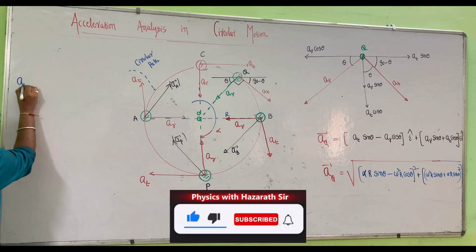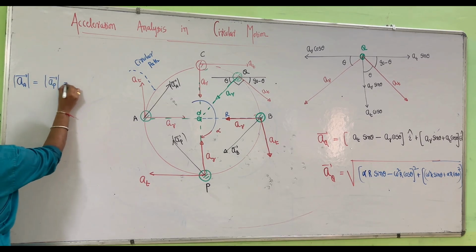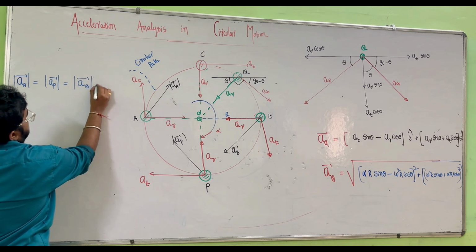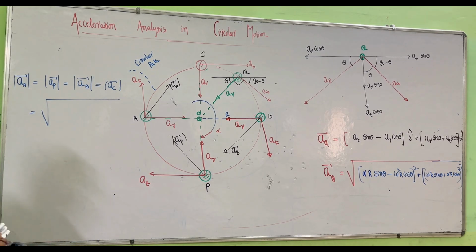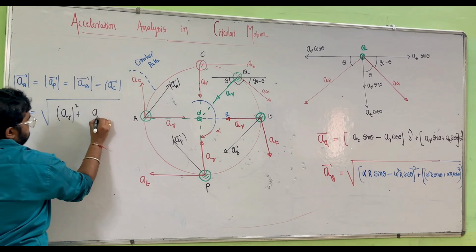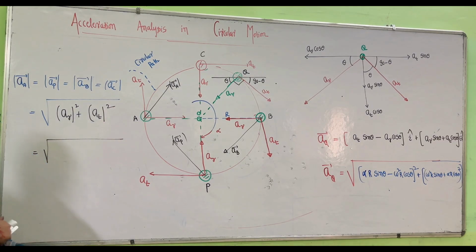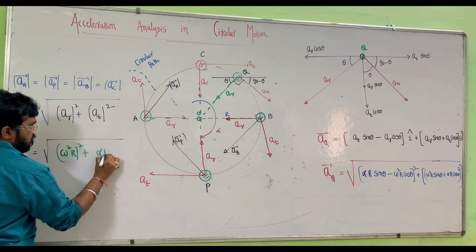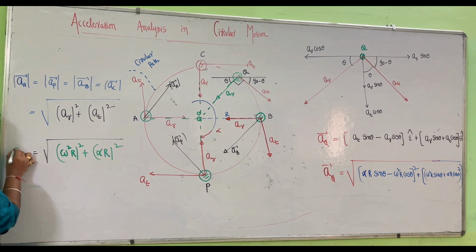So the acceleration at point C and point B equals radial acceleration squared plus tangential acceleration squared, that is, (omega square r) whole square plus (alpha r) whole square. Clear? That is the net acceleration.